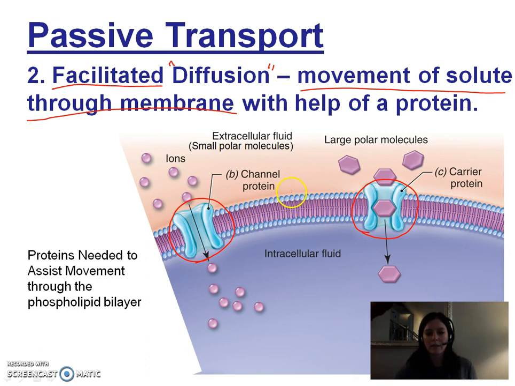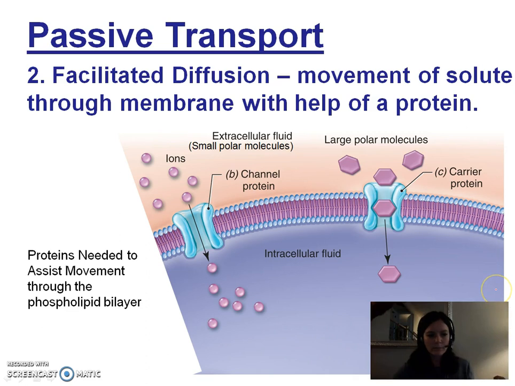So our idea of the small nonpolar molecules that are able to go directly through, remember? Those are really handy, but they have to fit into that category of being small or nonpolar. So molecules that don't fit into those two categories are going to need some type of help.